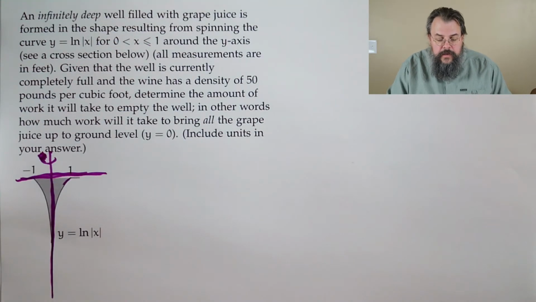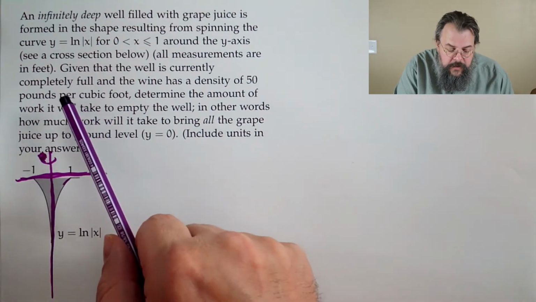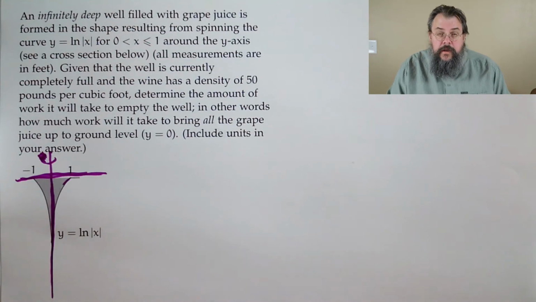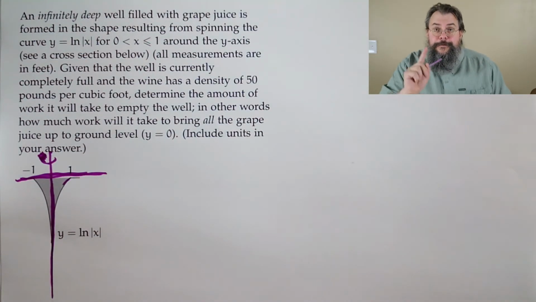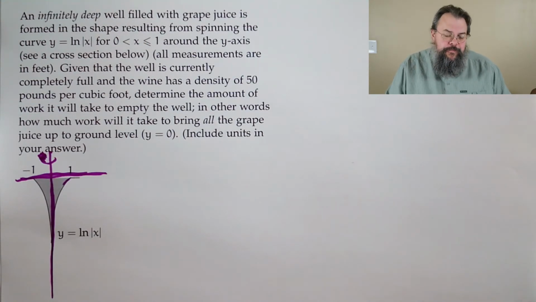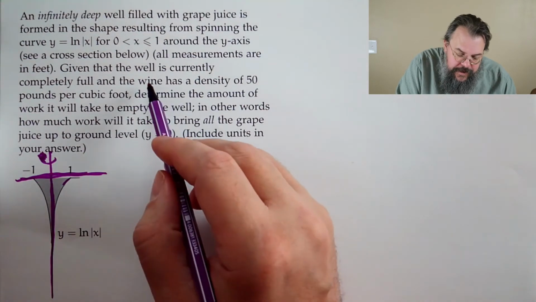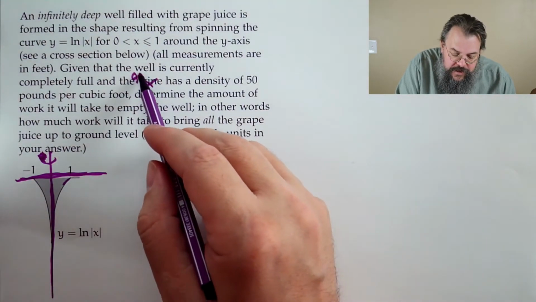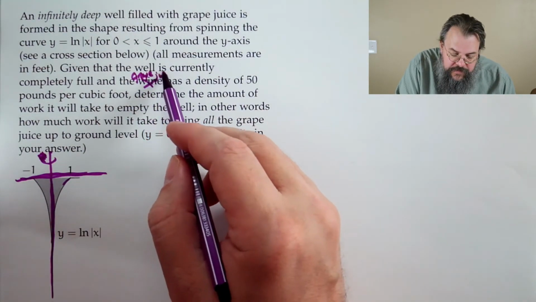So, okay, great. What are we going to do? The well is completely full. Wow, that's an infinitely deep well full of wine. Now, grape juice, remember? Okay. Now you might say, got to change that. Grape juice. I thought we got all the changes. Okay.